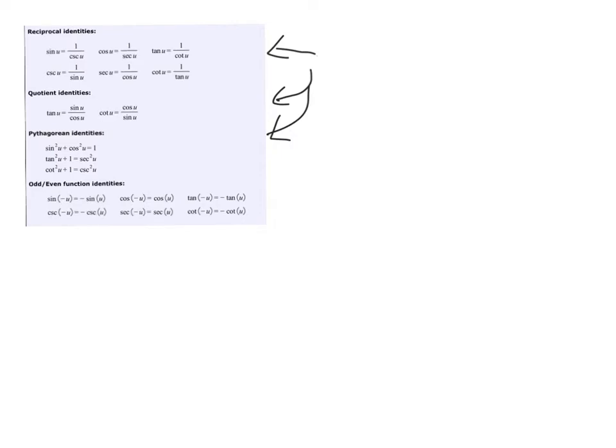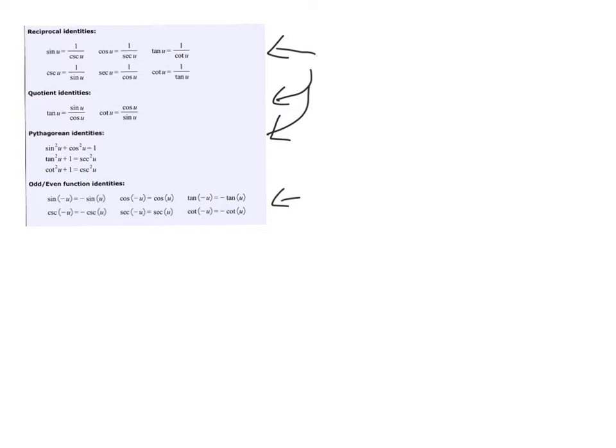And then the even and odd functions just have to do with symmetry or relations of symmetry. But that's a topic for another video. But all of these identities should be written down somewhere. You will need them most likely for every problem that you're doing in ALEKS.